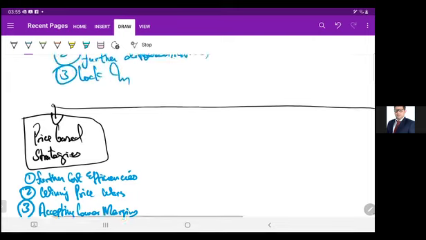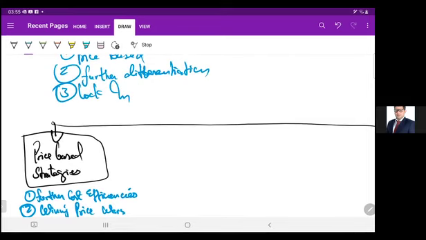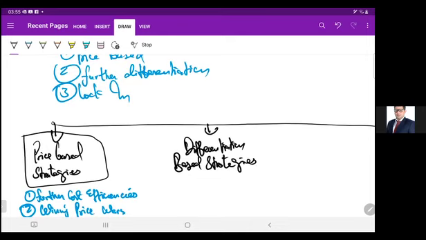Then we have differentiation-based strategies. How can that be done?